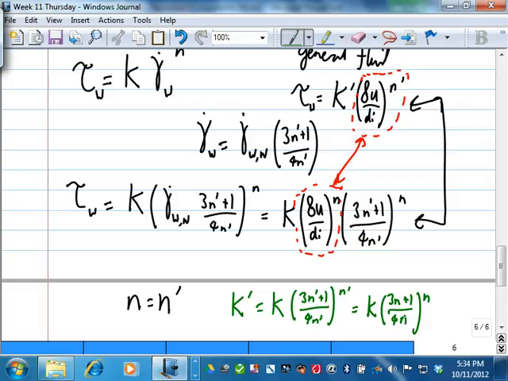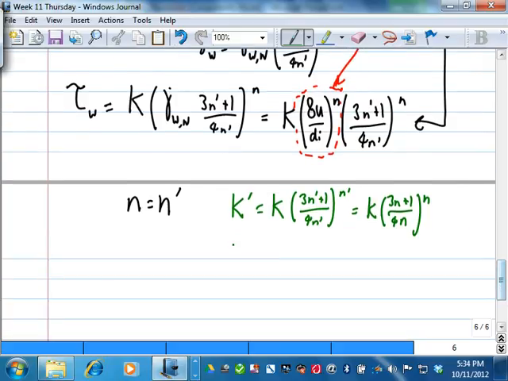So if you know it's a power law fluid, then K is equal to K prime times 4n over 3n plus 1 to the n.